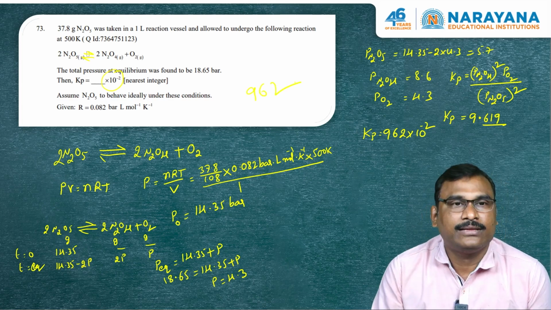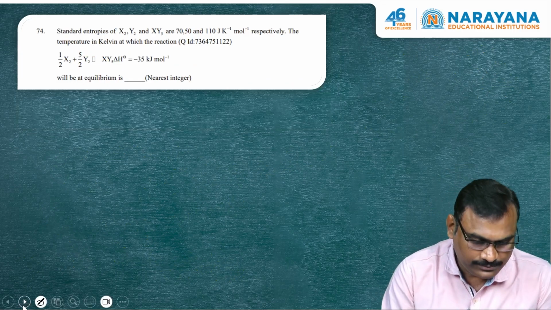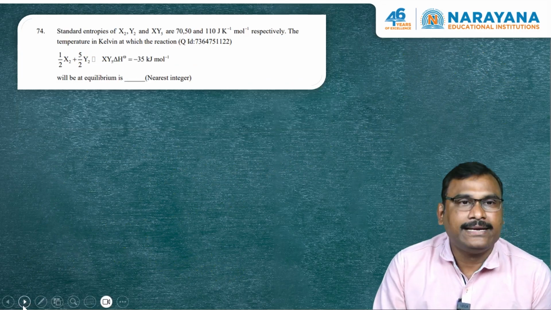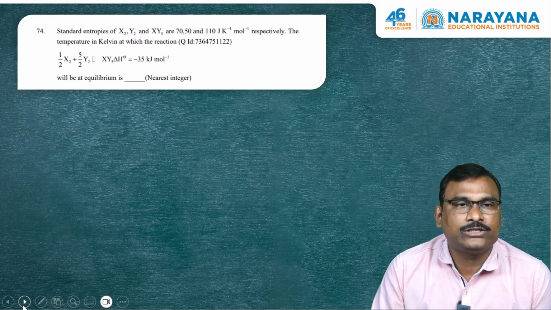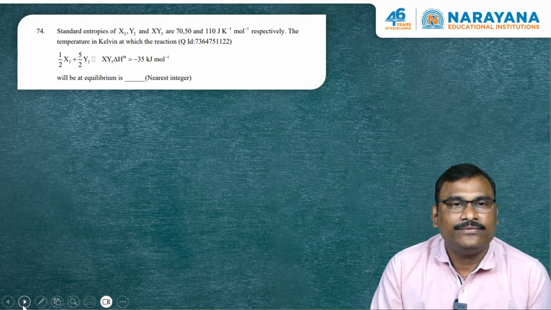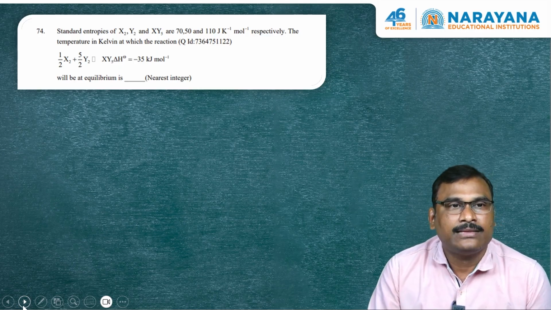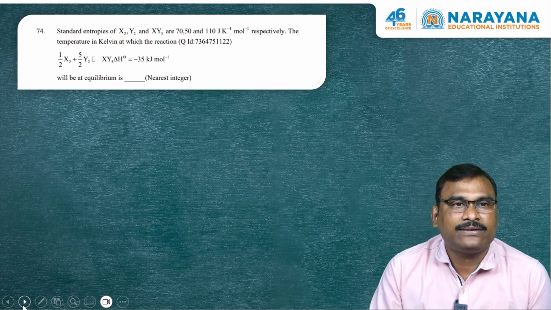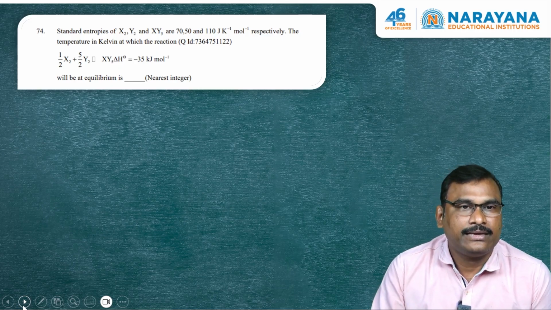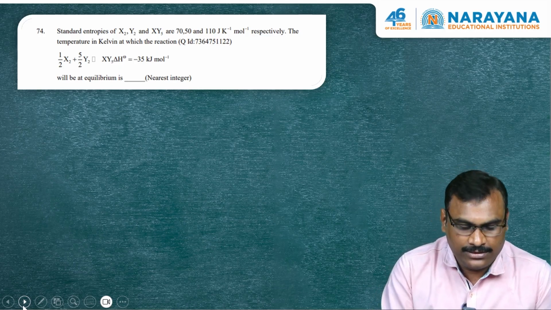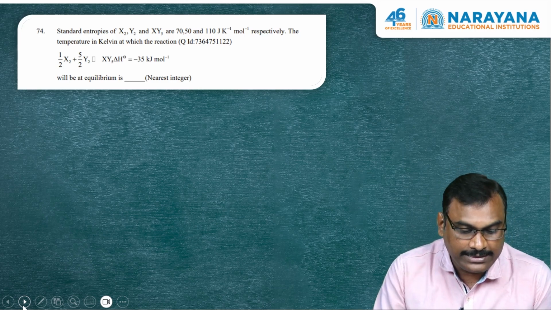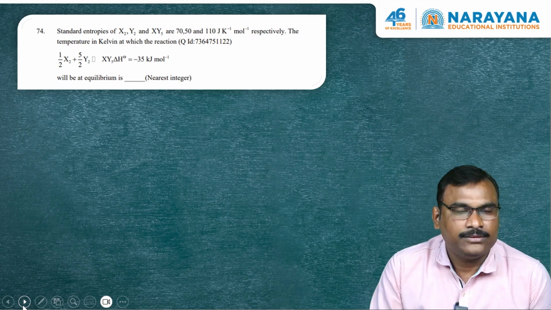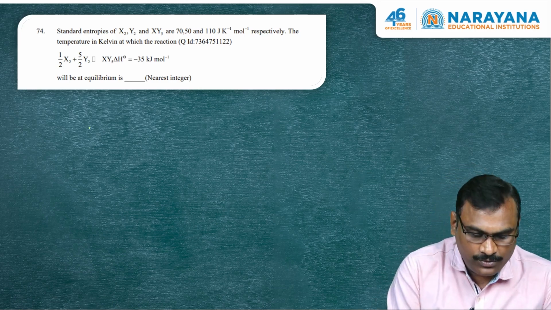Now go for the next question. The standard entropies of X2, Y2 and XY5 are 70, 50 and 110 joules per Kelvin per mole respectively. The temperature in Kelvin at which the reaction will be at equilibrium is asked. Here we have to calculate the temperature of equilibrium.